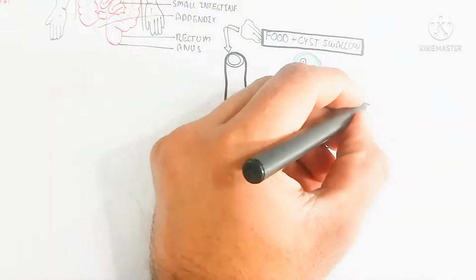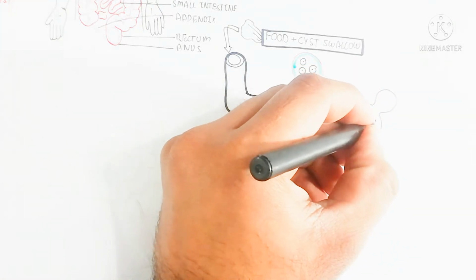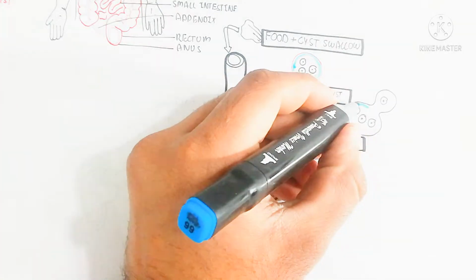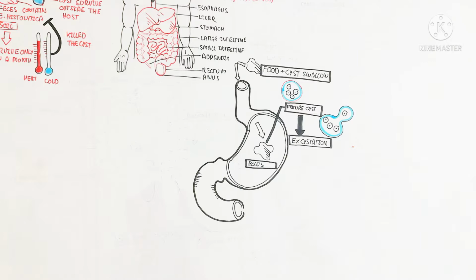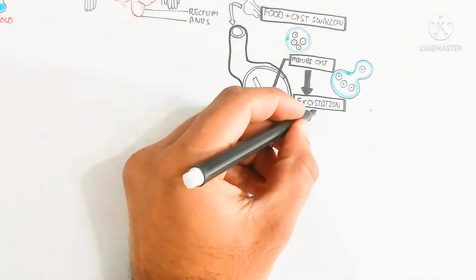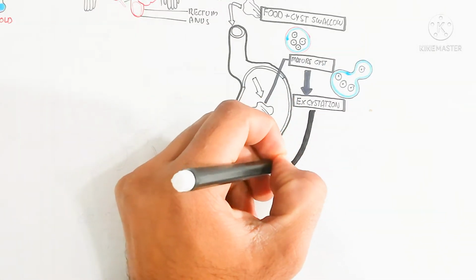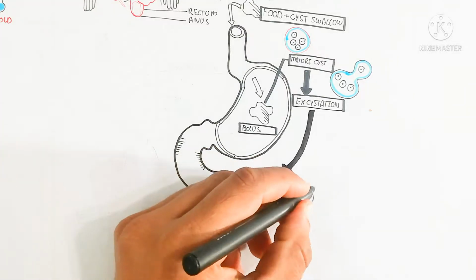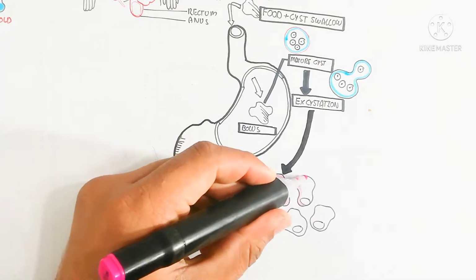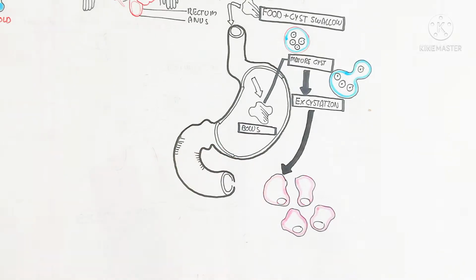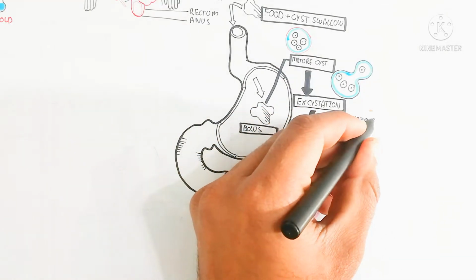So the mature cyst is here, and excystation occurs. In this way, a trophozoite with 4 nuclei emerges and divides once to produce 8 trophozoites from each cyst, or 4 trophozoites, because of the 4 nuclei.